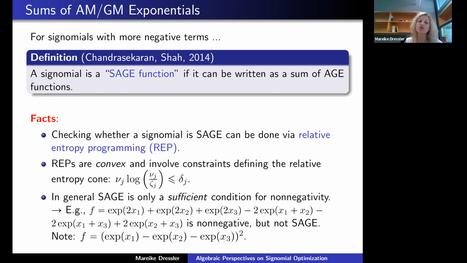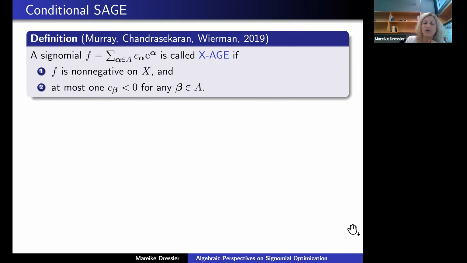But unfortunately, this signomial cannot be written as a SAGE function, so it cannot be decomposed into a sum of H functions. Okay, so that was the start. So this was, I would say, a normal SAGE. So what are we going to do now?